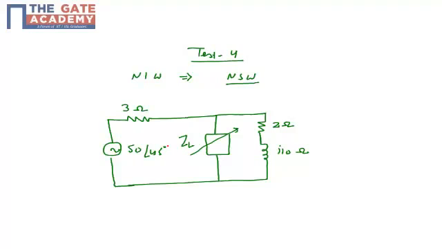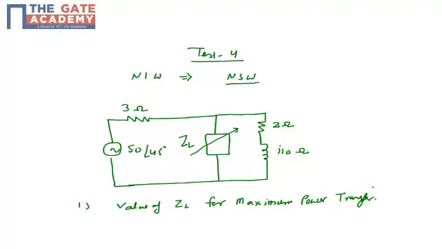So we need to calculate. They have two questions, the linked data question. The first problem is to find the value of ZL such that maximum power is transferred.